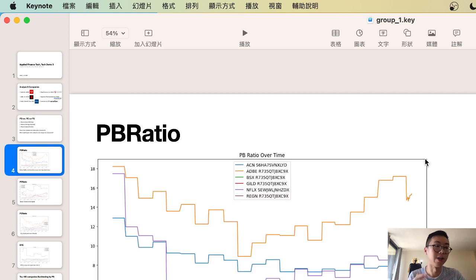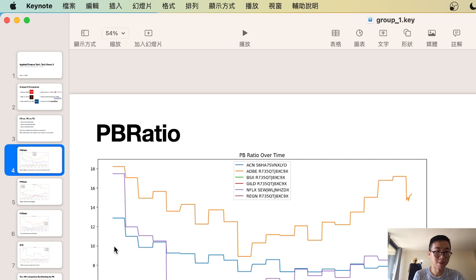So let's see PB ratios first. Like I said, the lower value means we can view this stock as undervalued. The higher means higher overvaluation. We can see Adobe, Netflix, and Accenture are way higher than the other three. Boston Scientific Corporation, Gilead, and Regeneron Pharmaceutical are around four in their ratios.